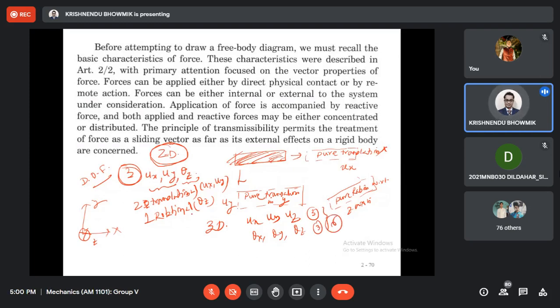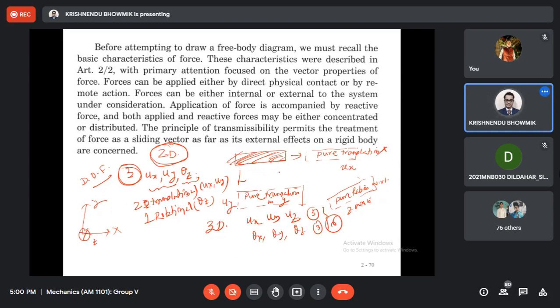Okay, understood? For 2D problem, 3 degrees of freedom, 2 translation, 1 rotation. For 3-dimensional case, 3 translation, 3 rotation. If any of these has been restricted, then only you will get reactions or moment. If that is free, you will not get anything.